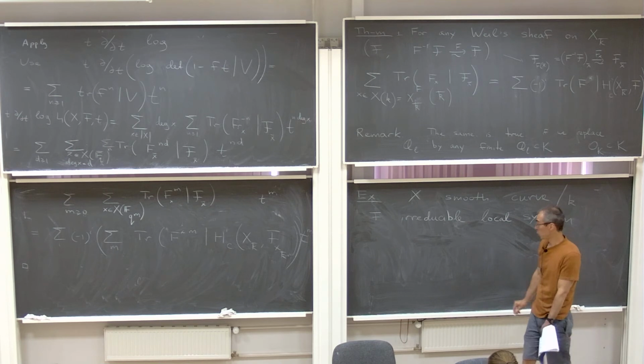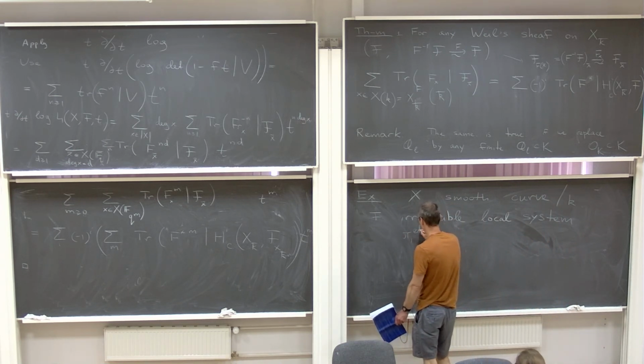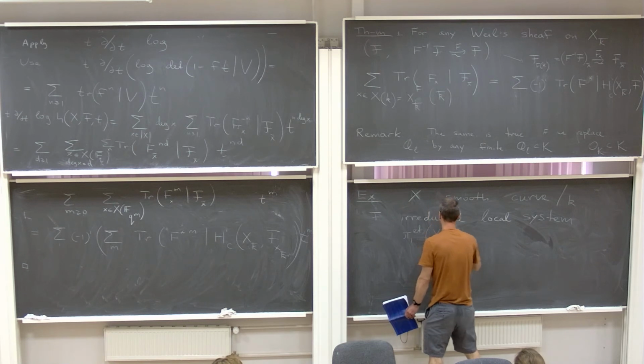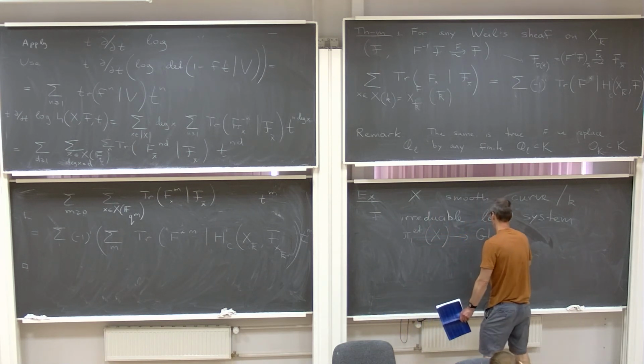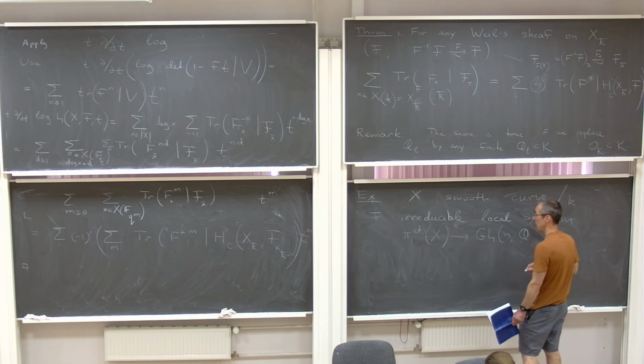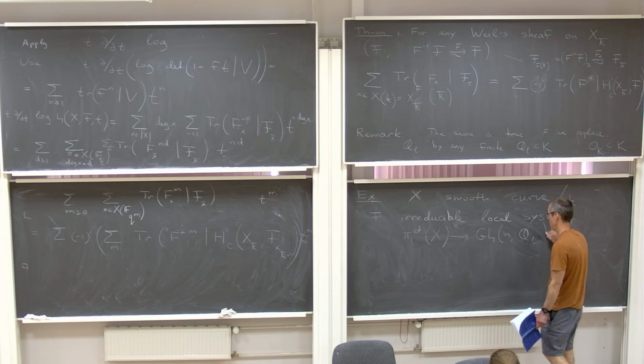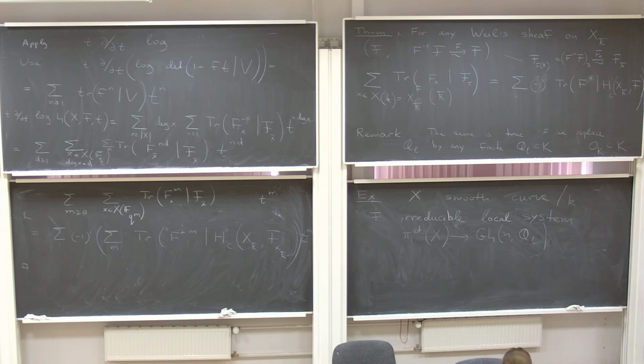So what is an irreducible local system? A local system is a representation of the étale fundamental group, a continuous representation. And irreducibility means just that it's irreducible as a representation.